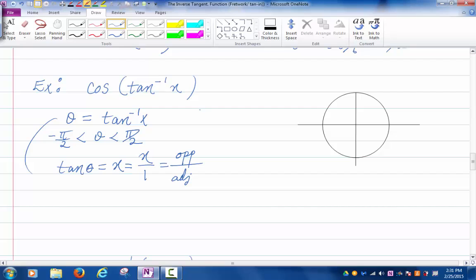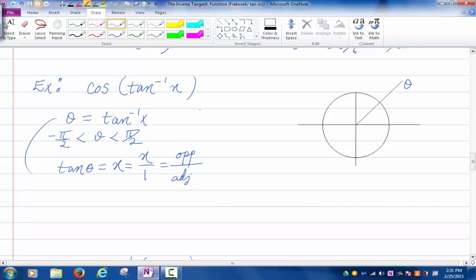The angle theta is either in the first quadrant or the fourth quadrant, because it is between negative pi over 2 and positive pi over 2. For the moment, I'm going to assume that theta is a positive angle, in the first quadrant.